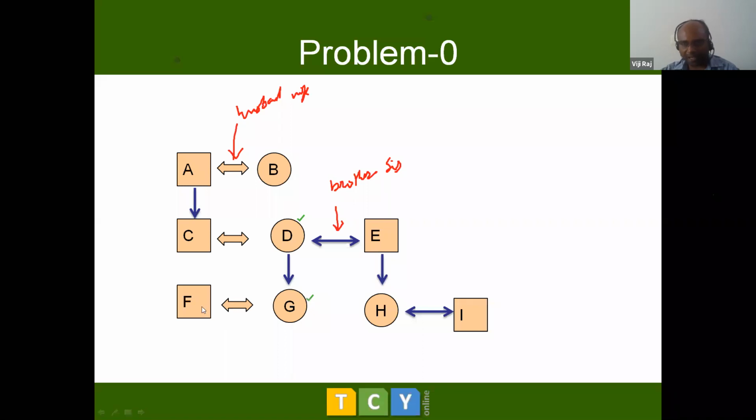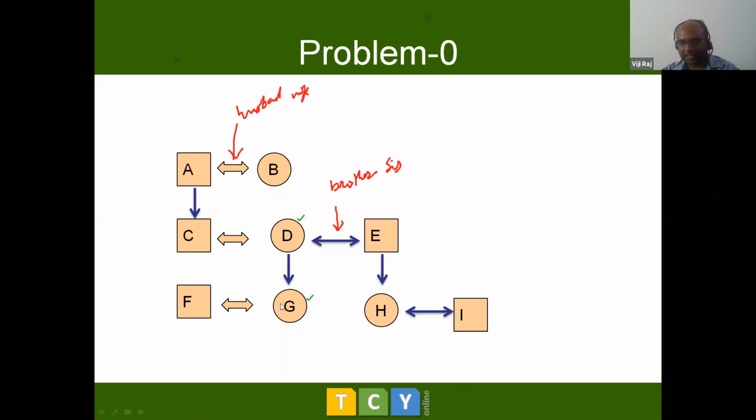So what is the relationship between F and G? Is it a brother-sister relationship or a husband-wife relationship? It is a husband-wife relationship, right? So G is the wife of F. And what is the relationship between D and G? D is the mother of G.